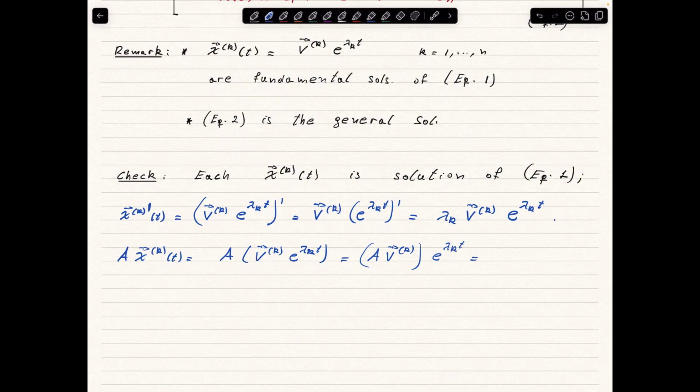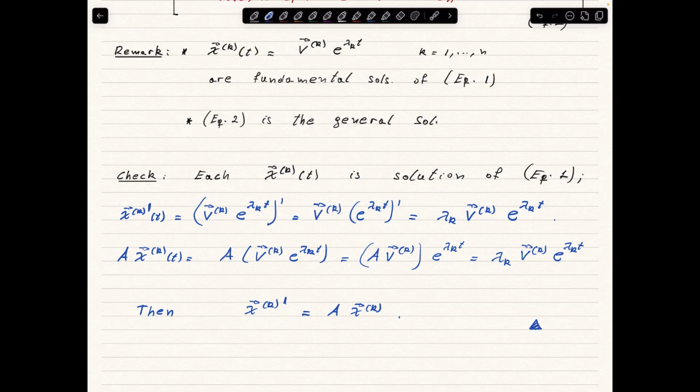But this vector is an eigenvector of the matrix A, so we have lambda k times v, the same vector, times the exponential lambda k t that was outside all the time. Then it's easy to see that we got a solution because both sides are equal, and then xk prime is equal to A acting on xk. So that was the end of the check.